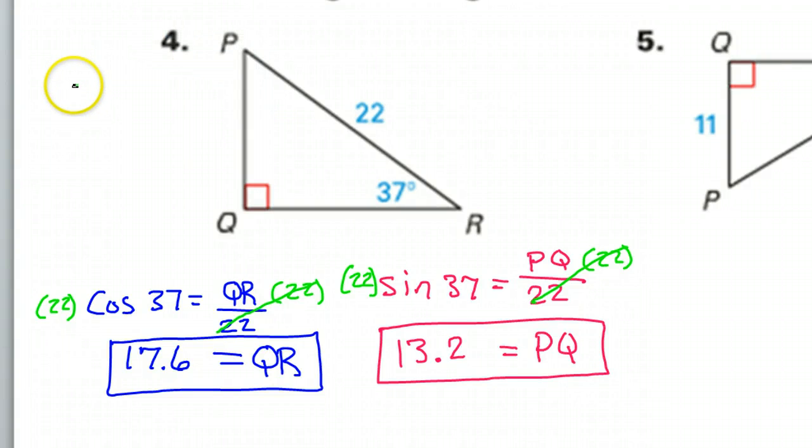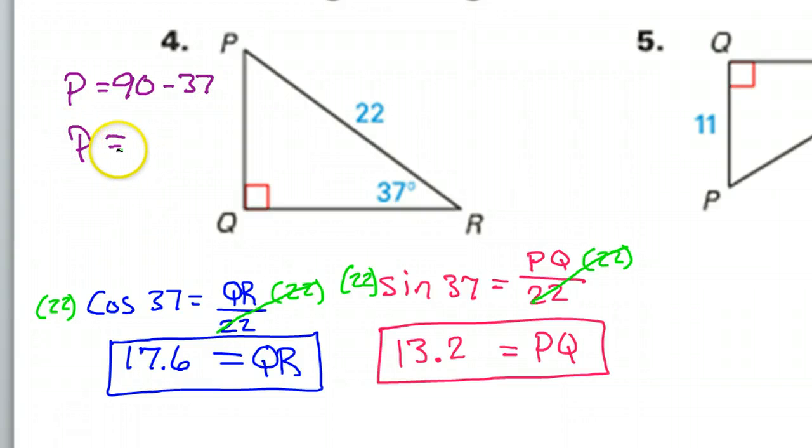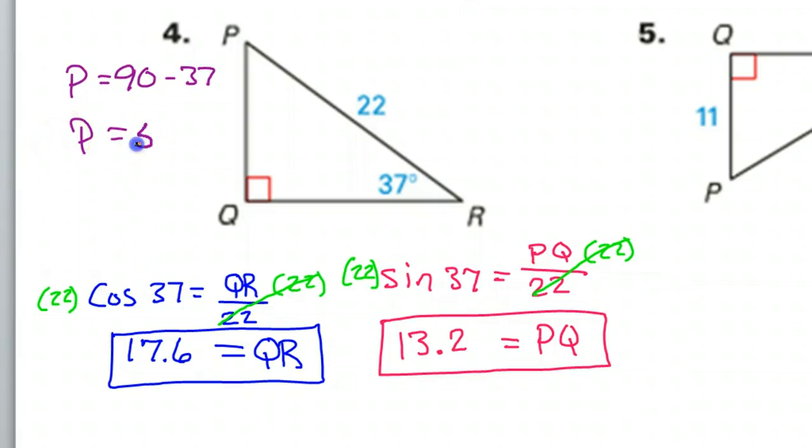The measure of angle P is equal to 90 minus 37, so that's going to be 53 degrees.